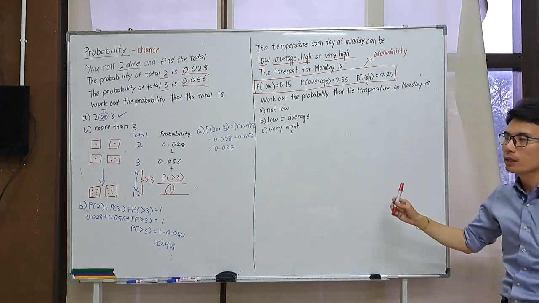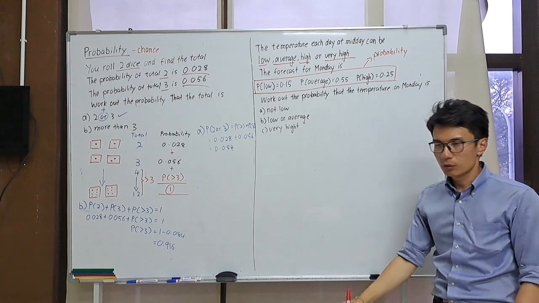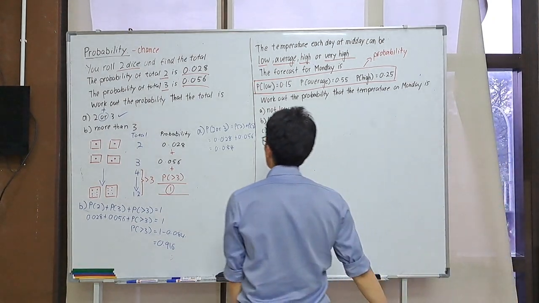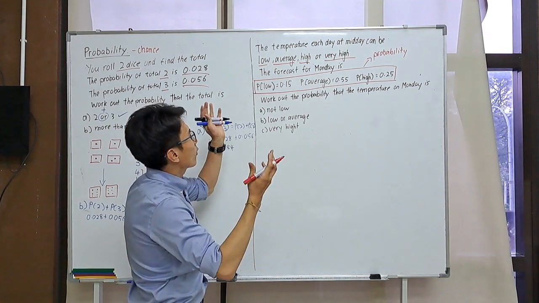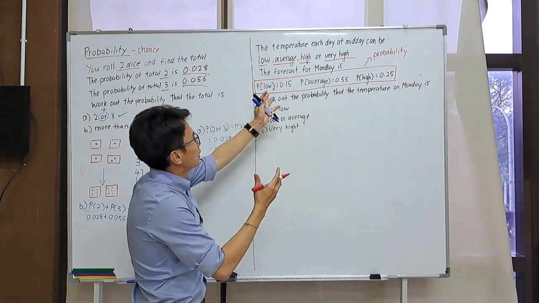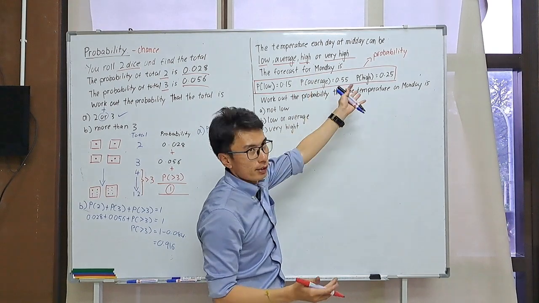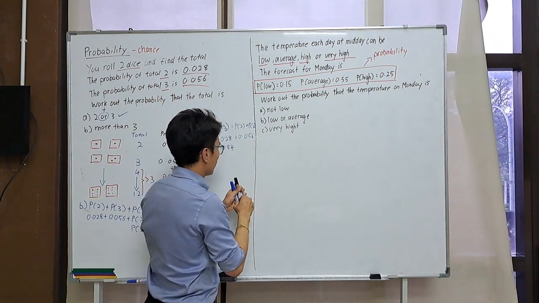Now the next one, they ask you to work out the probability that the temperature on Monday is not low. What does not low mean here? What's the outcome of my choices? Let's write down.